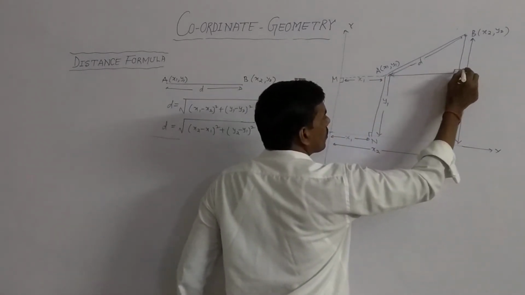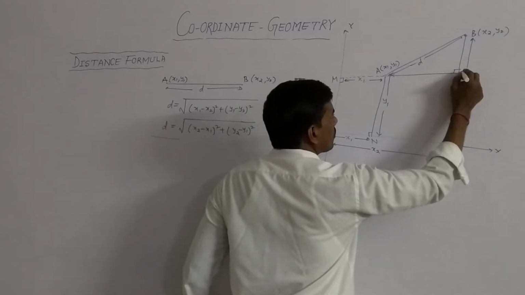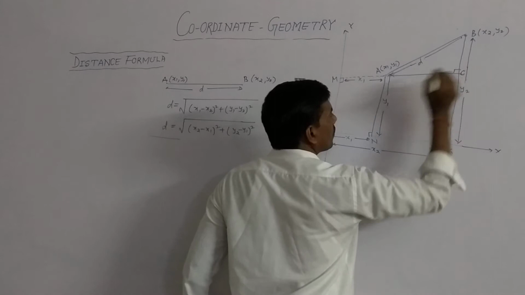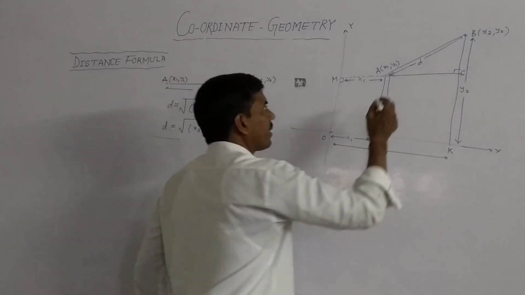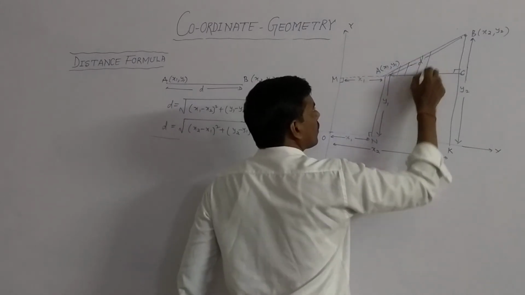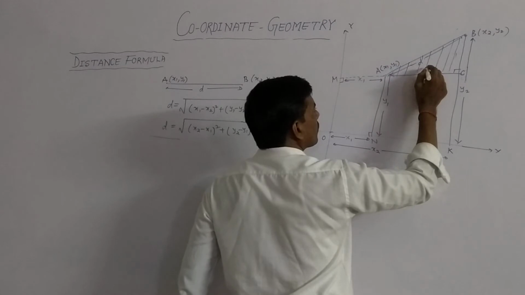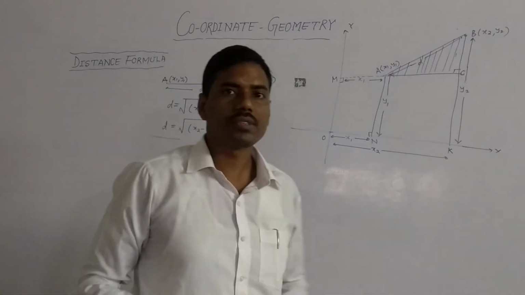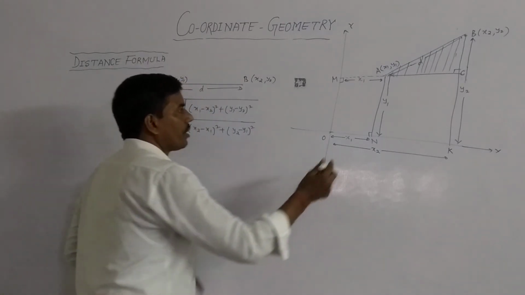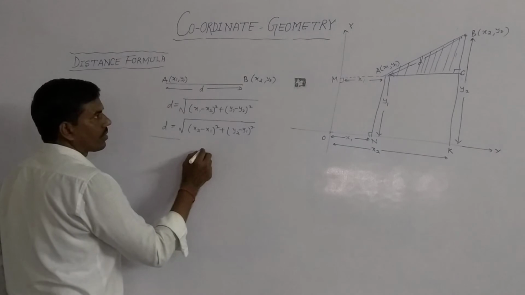Suppose this is BC. This one is BC. Clear? So we have a right angle triangle ABC. Now we have AC.